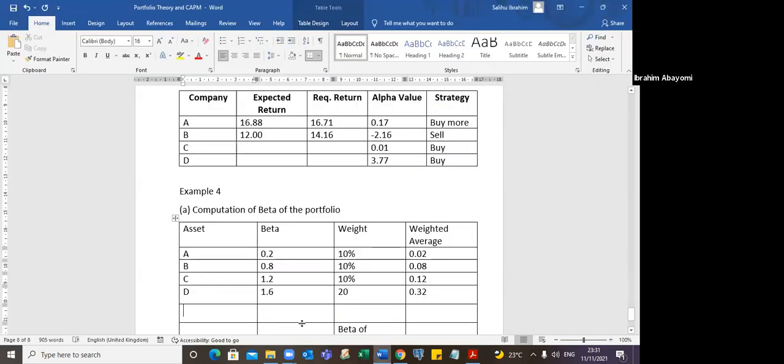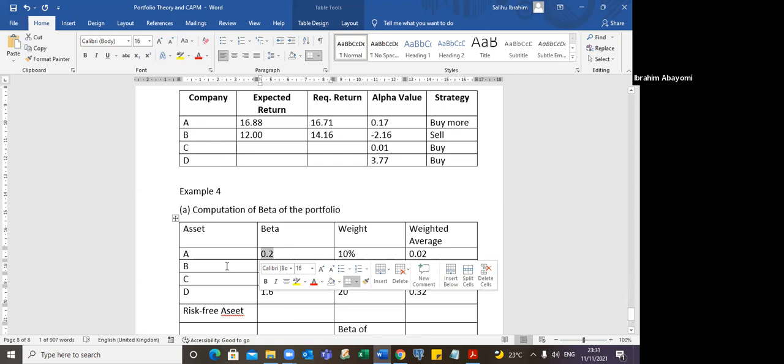Okay. So we come here, risk-free asset. Now, a risk-free asset, you know it's risk-free, Abi? What does beta measure? Risk, Abi.